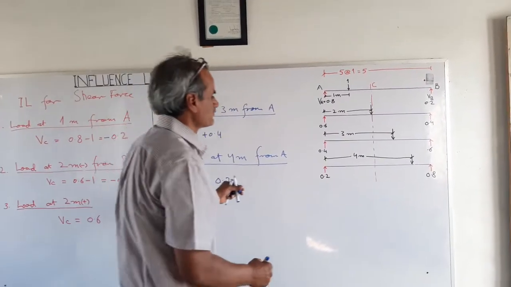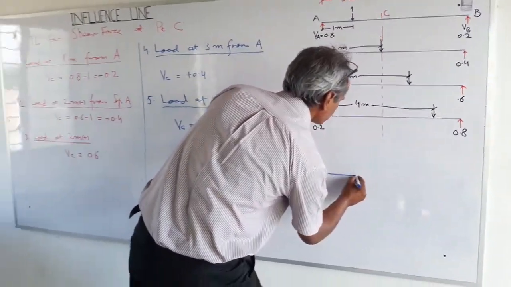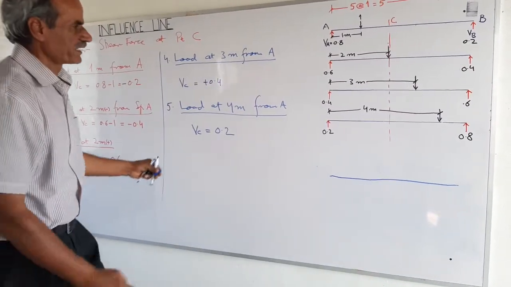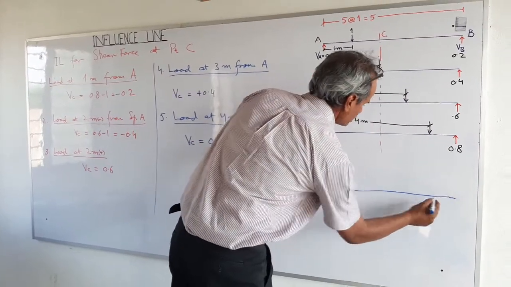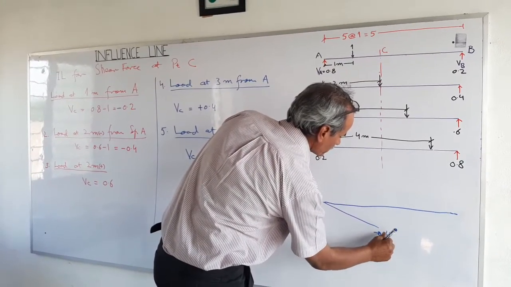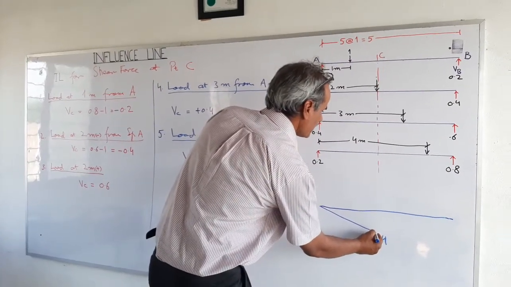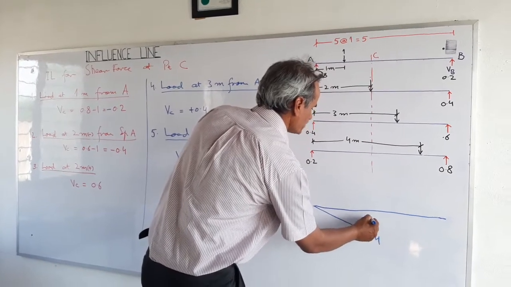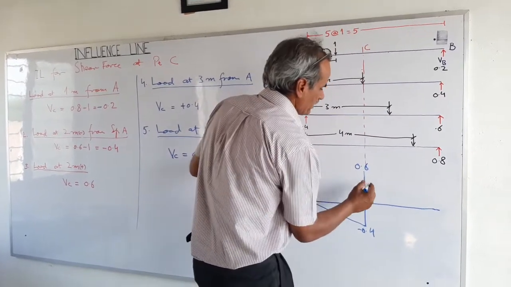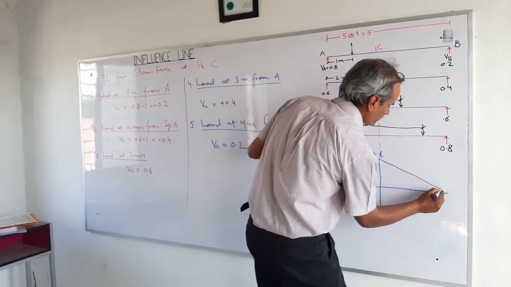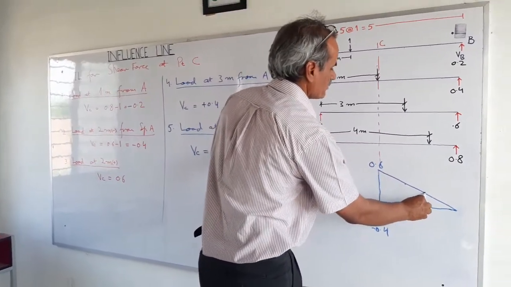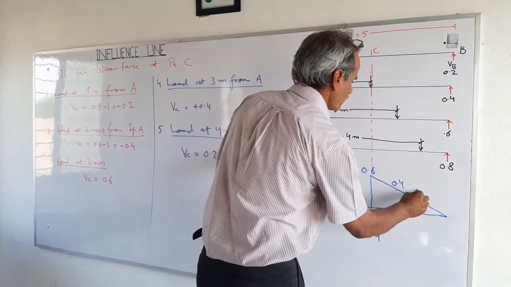If this is the reference line, for the first two values it is negative, it has gone down by minus 0.4, and at that section it has suddenly changed its ordinate and attained the value of 0.6 plus, and then it has again gone to 0, and in between there are two values, 0.4 and 0.2.